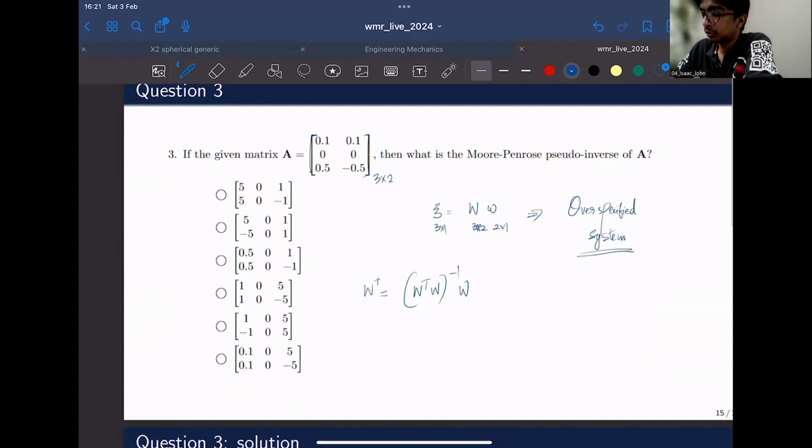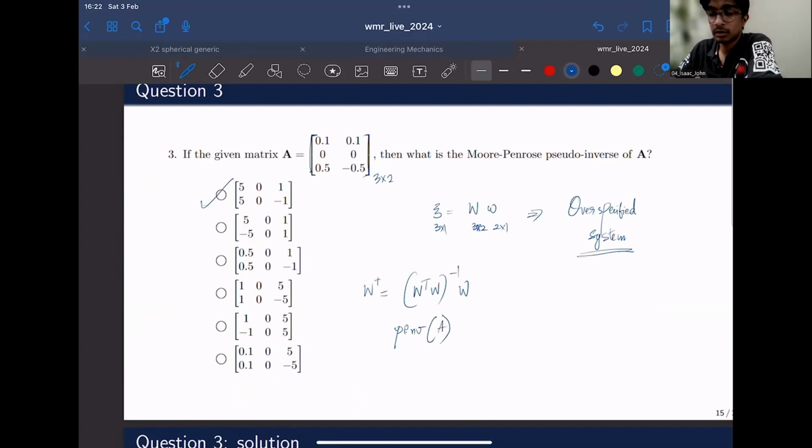If you do this math, what will the answer be? I think the answer should be option A. Or if you have MATLAB or Octave, you simply have to use pinv. This is the function that you would use, pinv(A).